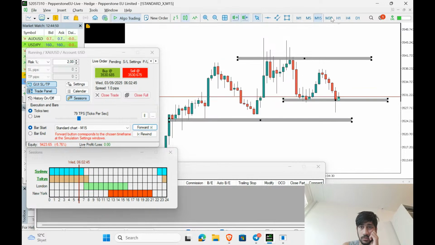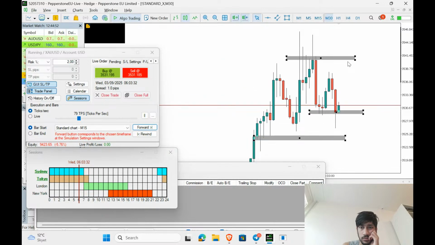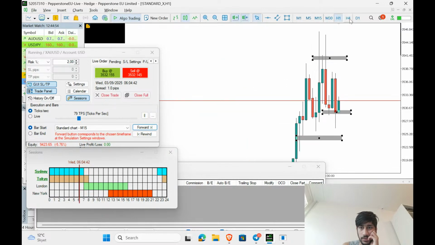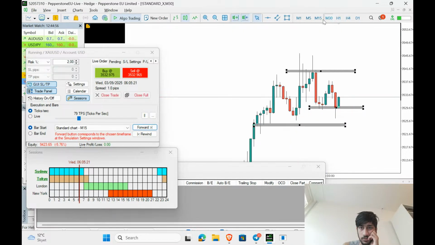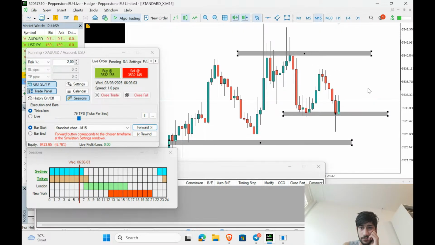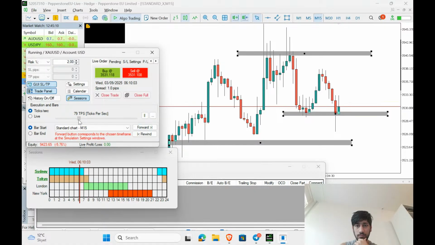If this candle forms bullish, then I can say we have a chance to move up because we are in an uptrend and we are consolidating and we have range to go up. 11, 12, 13, 14, 15.